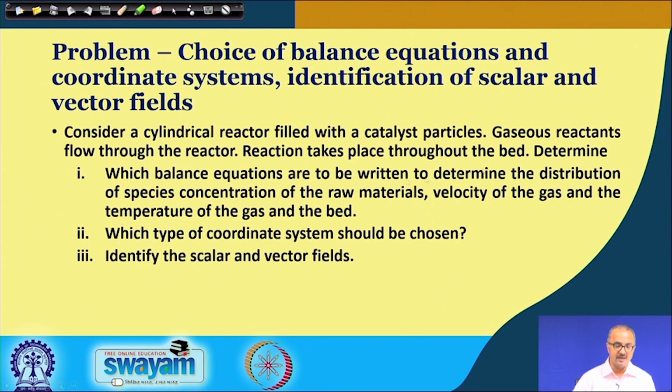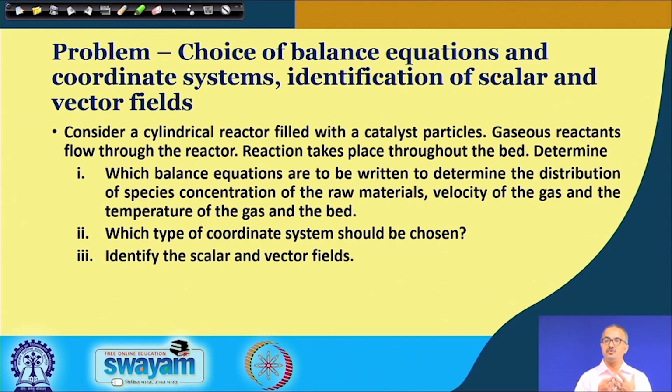Gaseous reactants flow through the reactor, reaction takes place throughout the bed, and we have been asked to determine which balance equations should be written to determine the distribution of species concentration of the raw materials, velocity of the gas, and the temperature of the gas and the bed. As the raw materials move through the bed, because of reaction the concentrations are changing.